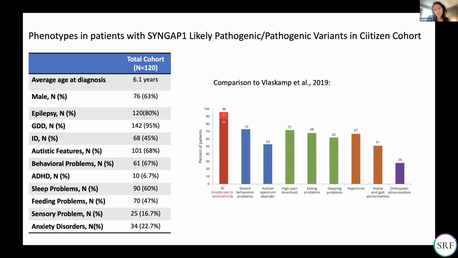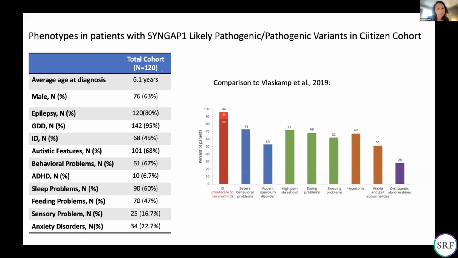Together, 100% of the individuals had either a global developmental delay or an intellectual disability diagnosis. Autistic features were seen in 68%, behavioral problems in 67%, ADHD in 6.7%. That's actually lower or on par with the ADHD that's diagnosed in the US in the general population.